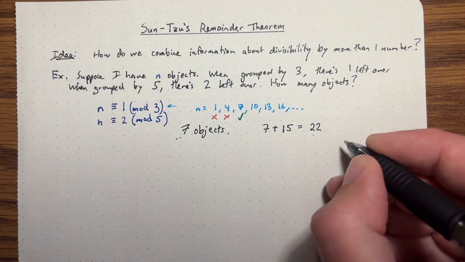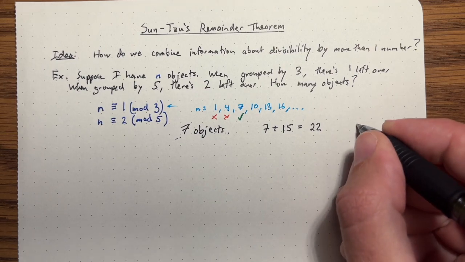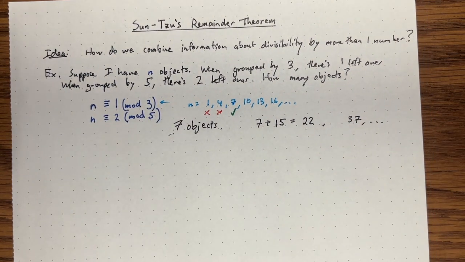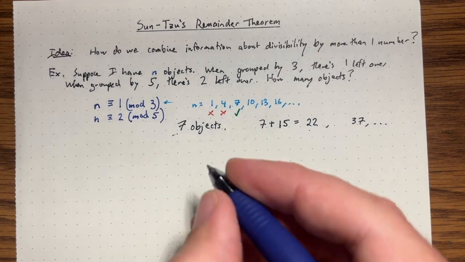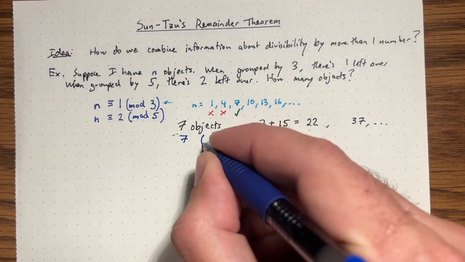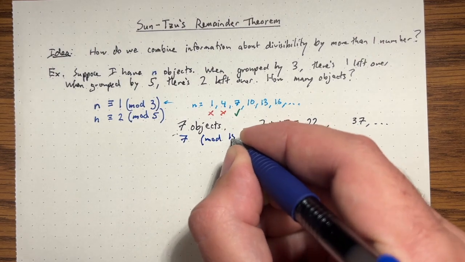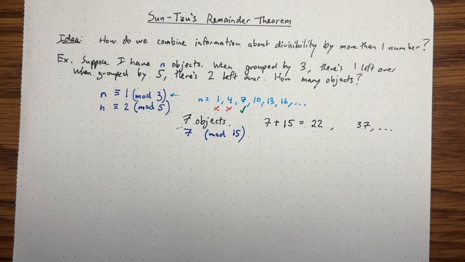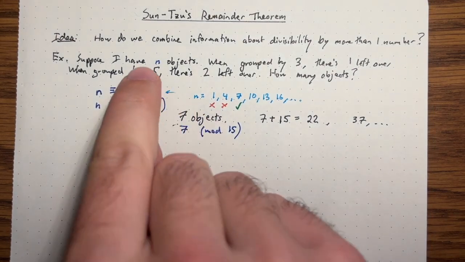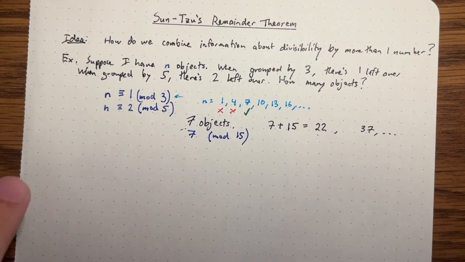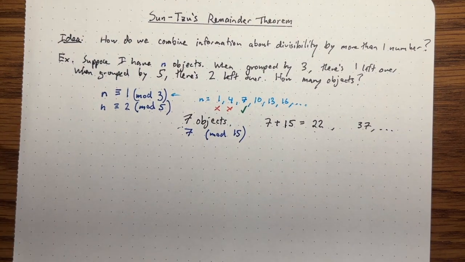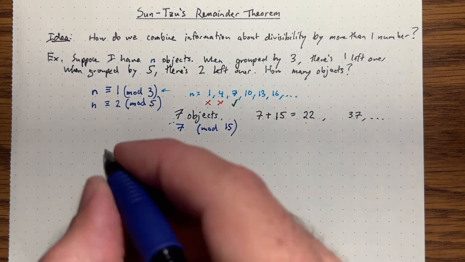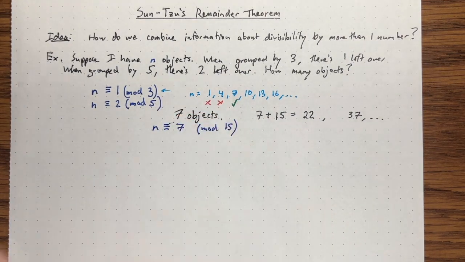I could continue adding 15s, right? So I could have 37 objects, etc. So really, when I say 7 objects, I mean 7 mod 15. But we've narrowed down what n can be. So here we know if n is congruent to 1 mod 3 and simultaneously 2 mod 5, then n must be congruent to 7 mod 15.